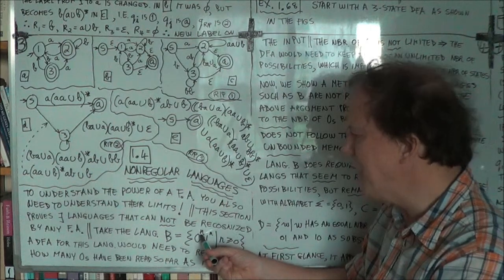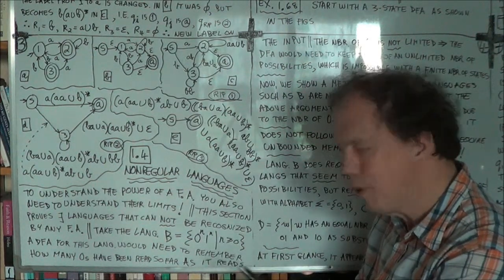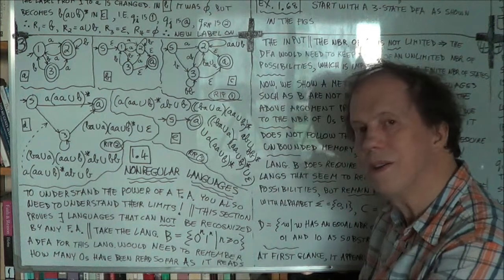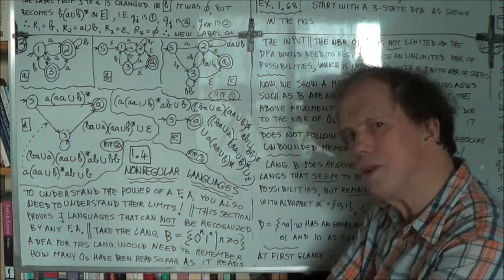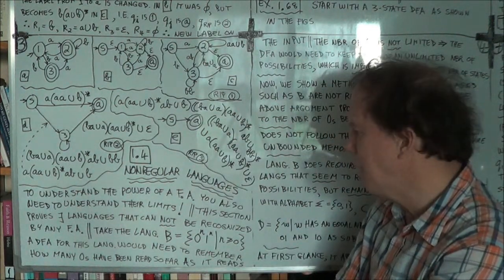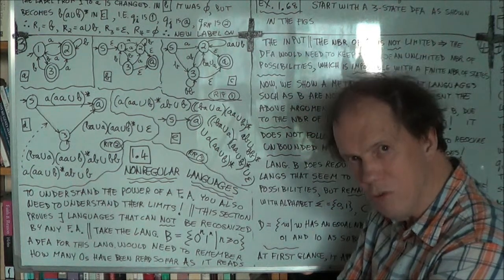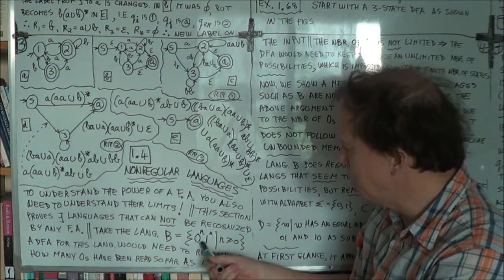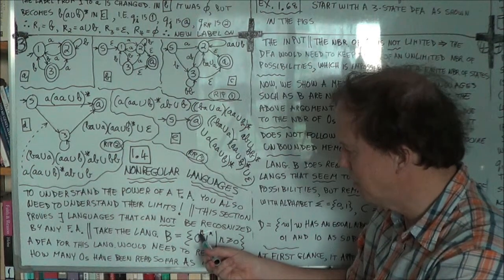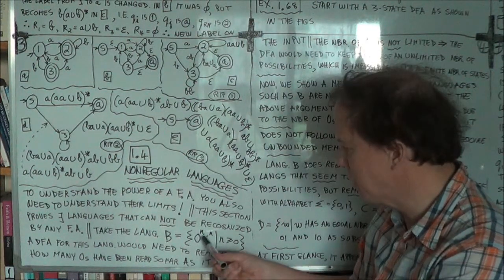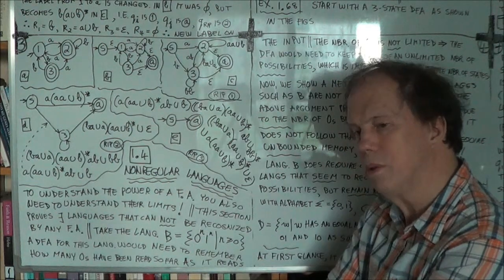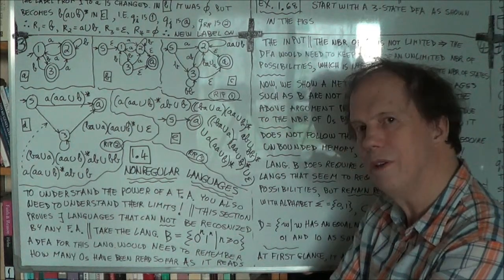But n is any non-negative integer. It can be huge. There's no limit, and that means the amount of memory that you need to count the number of zeros will be some function of n. Well, n could be effectively infinite.